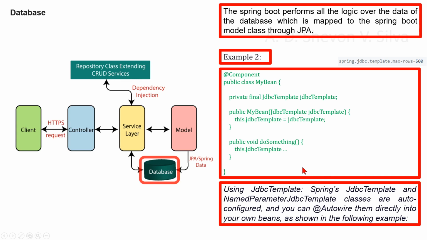Now we are considering using JdbcTemplate. Spring JdbcTemplate and NamedParameterJdbcTemplate classes are auto-configured, and you can autowire them directly into your beans as shown in the following example.